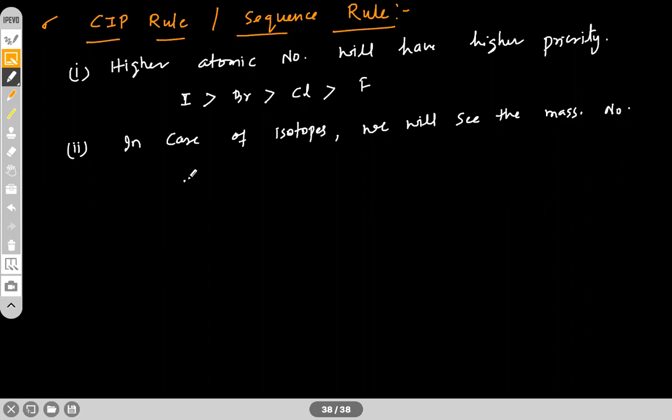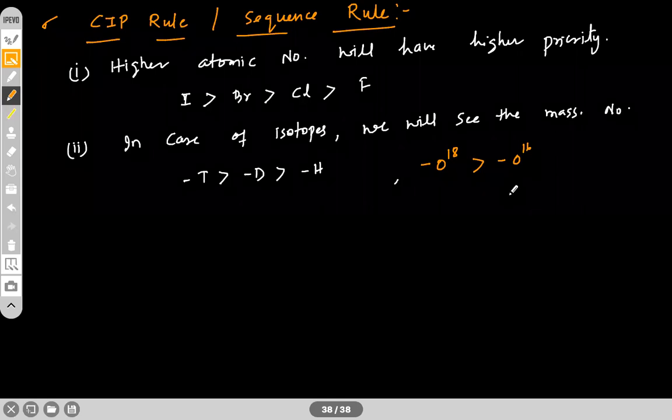For example, we have tritium, deuterium, and protium. Mass number is maximum for tritium. This is the priority order we have. Suppose we have O18 and O16. The priority will be more for O18.